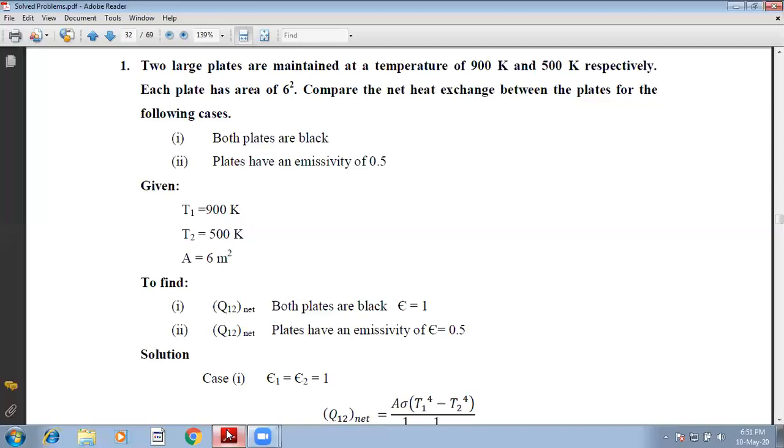Now we have also seen the concept of a black body, where all the incident radiation will be absorbed and it will not reflect or transmit any radiation. Hence, a black body is one whose absorptivity will be equal to unity. In this case, the reflectivity and transmissivity are equal to 0.